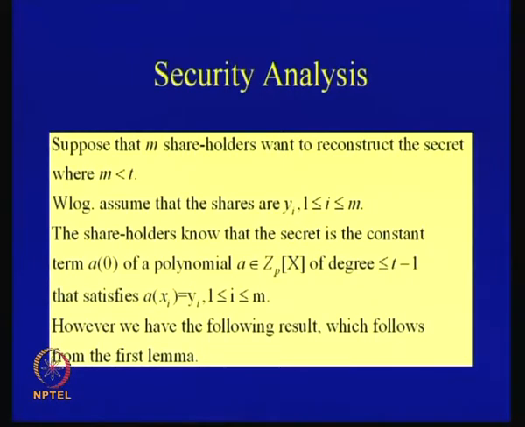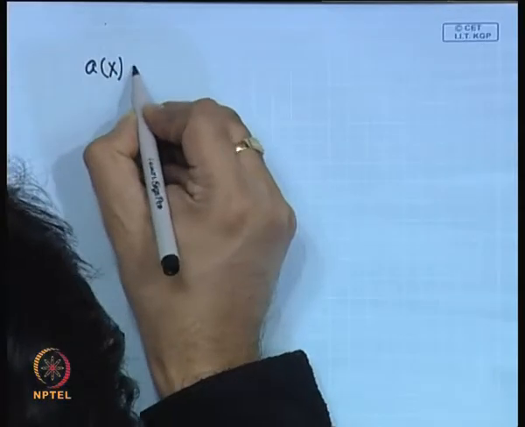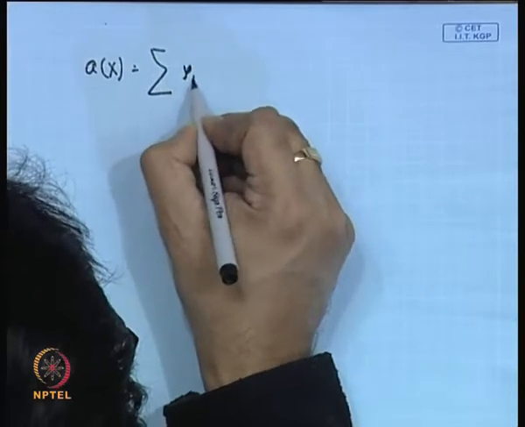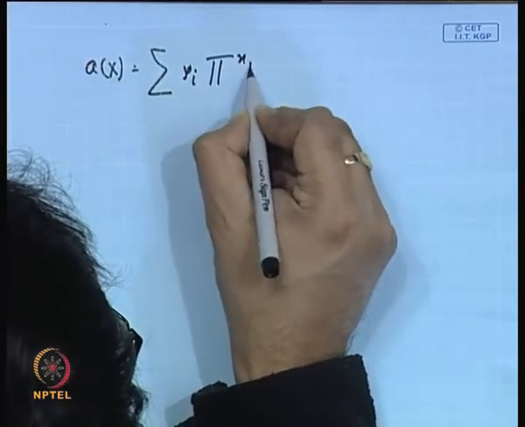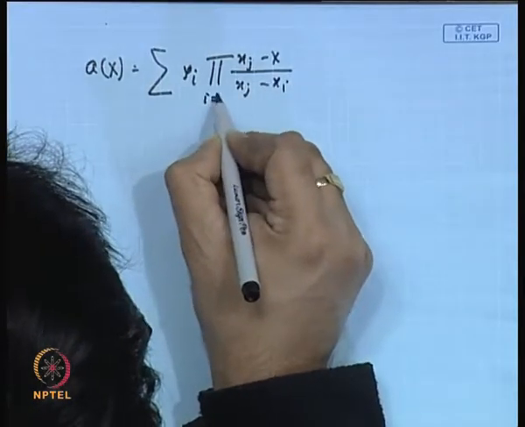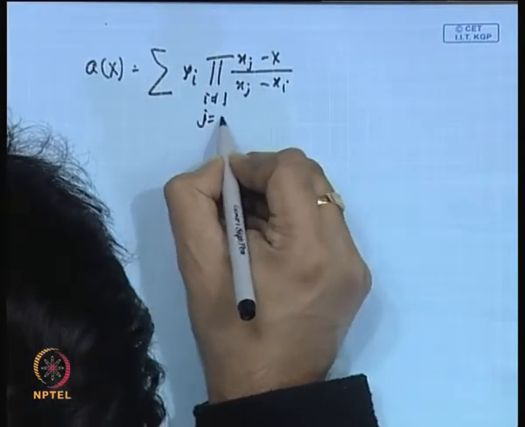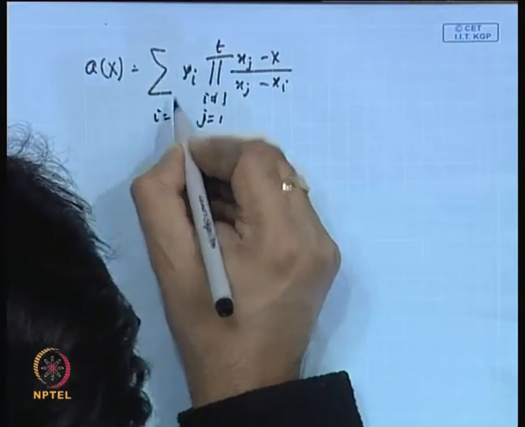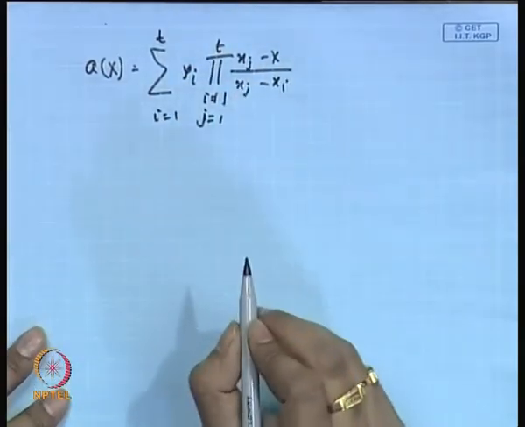So, for example, if there are t members, then this is the corresponding polynomial, yi xj minus x divided by xj minus xi, i not equal to j, j equal to 1 to t, i equal to 1 to t, this is the corresponding polynomial, right.